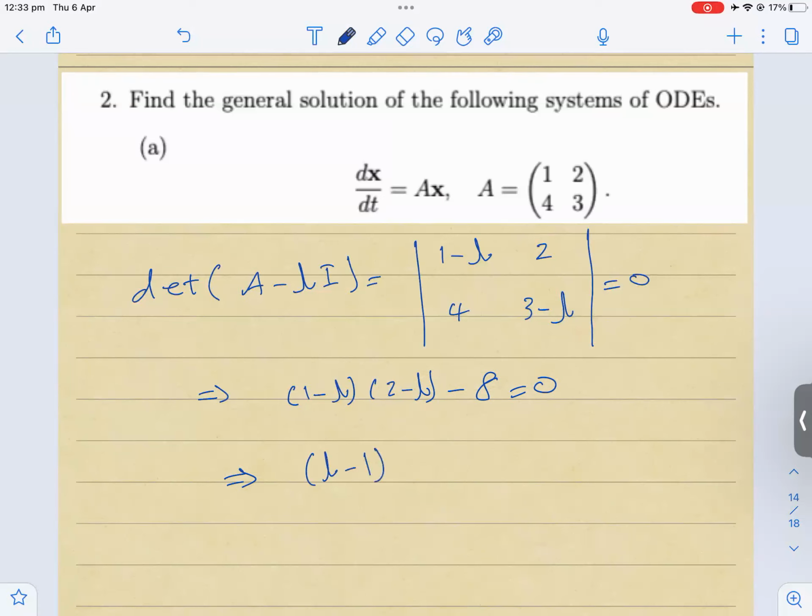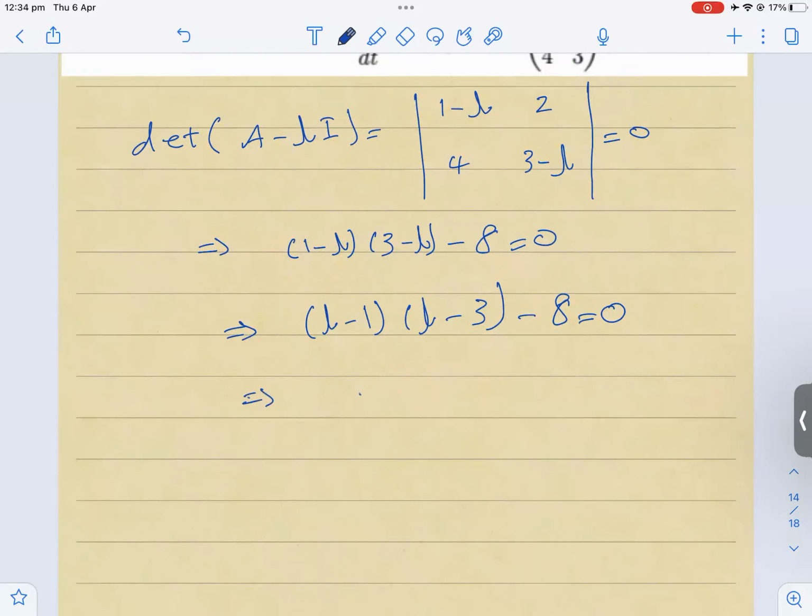So from here, lambda minus 1, lambda minus 2. Yes, fix me, it should be 3. All right, so from here, it will be lambda squared minus 4 lambda.